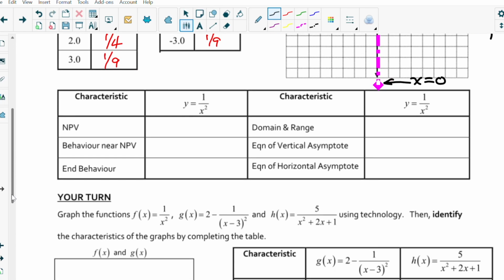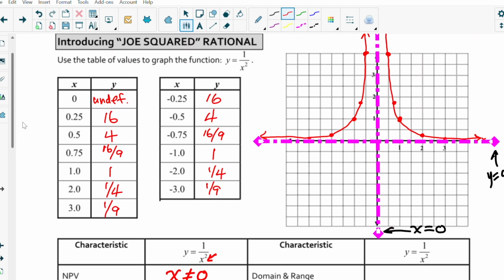Let's look at some characteristics. Non-permissible value. Well, I cannot have x equal to 0. So x does not equal 0. Behavior near non-permissible value. As the absolute value of x approaches 0, what happens?